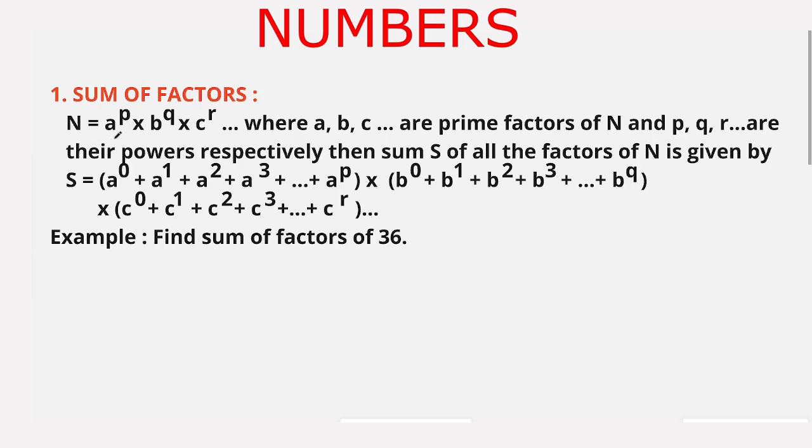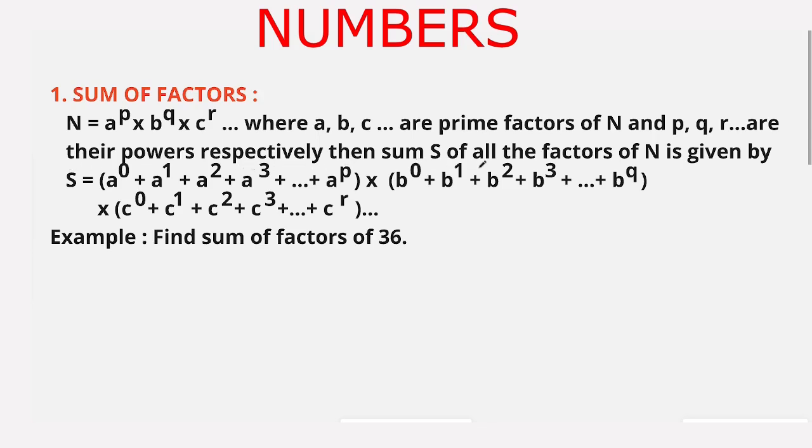N equal to a to the power p multiplied by b to the power q multiplied by c to the power r, and this continues, where a, b, c are prime factors of N and p, q, r are their powers respectively.